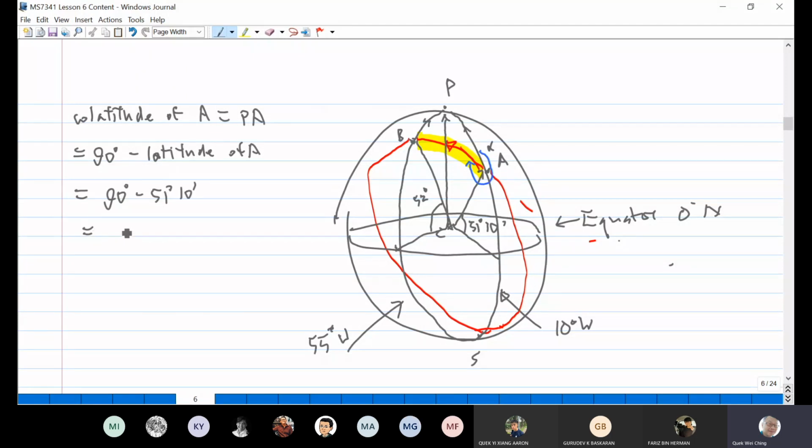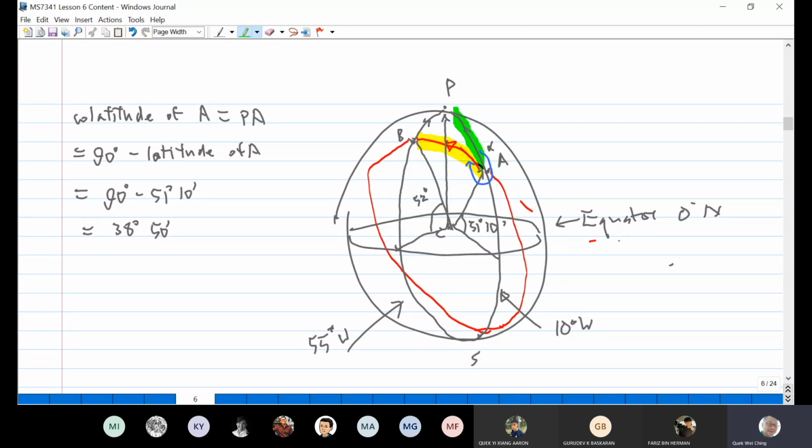So you can find that this equals 38 degrees 50 minutes. So what you find is actually this distance here, PA. We calculate the difference between 90 degrees and 51 degrees 10 minutes. This is the distance PA, called the co-latitude of A.